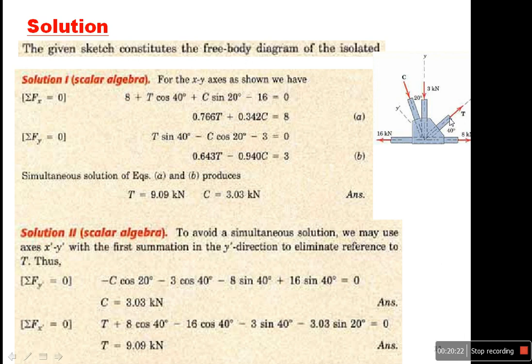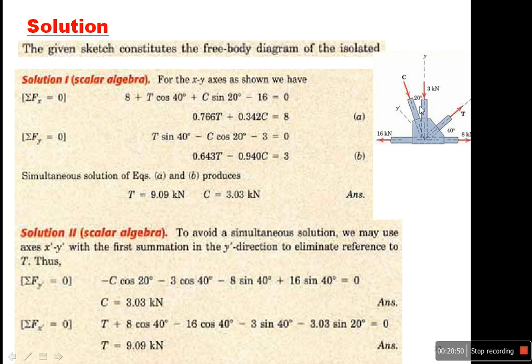So 3 cosine 50 or 3 sine 40, I will get the component of 3 in this direction, but it is opposite. And as well I have C here.